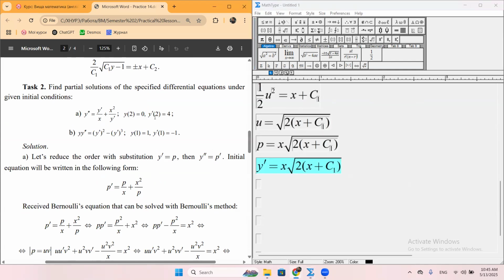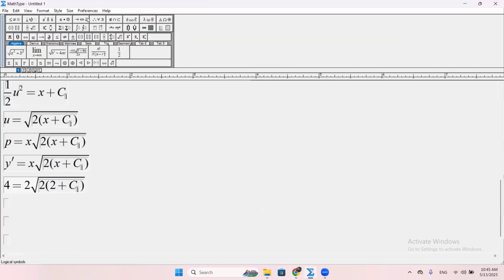So y prime at 2 equals 4. Let's substitute: 4 equals 2 multiplied by the square root of 2 times 2 plus c1. So 4 plus c1. And from this equation, we can see that c1 equals 0.